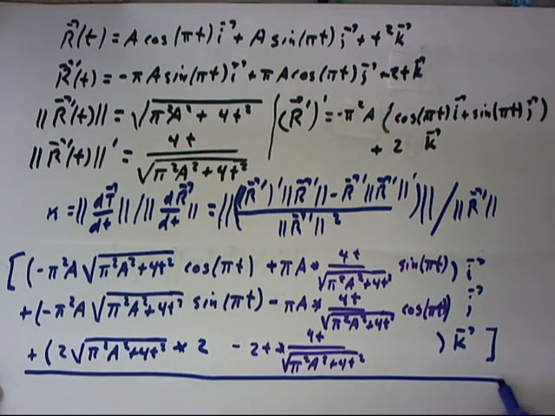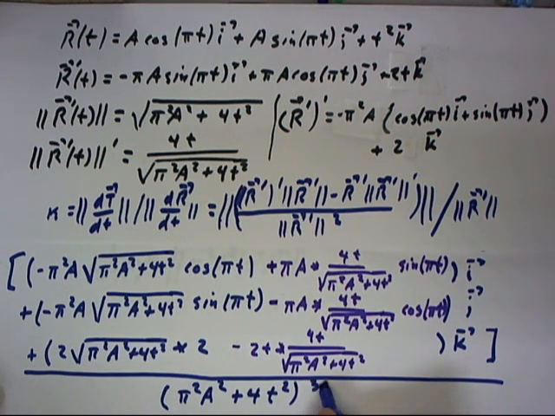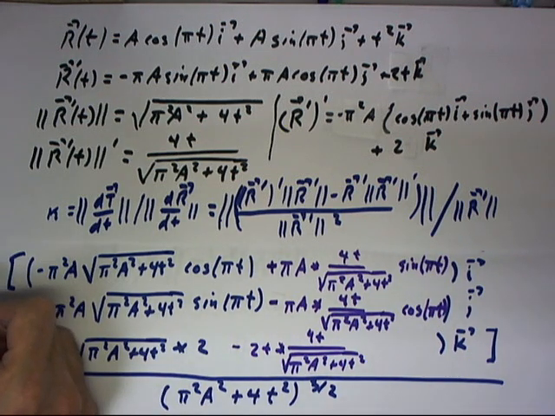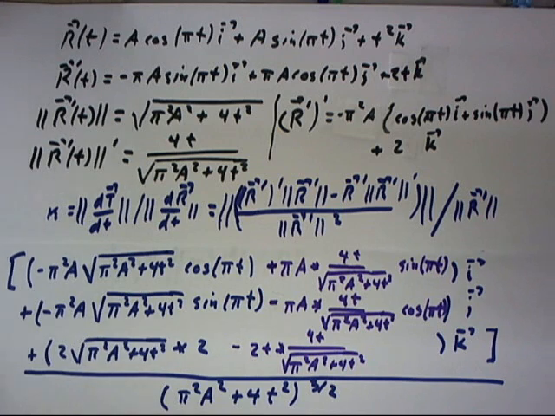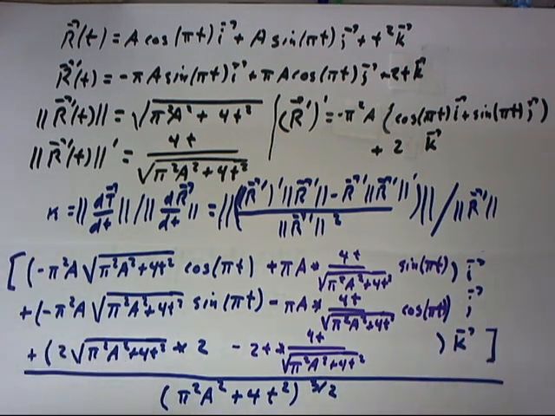So let's just go ahead and put a big old denominator here. And let's then put pi squared a squared plus 4t squared to the 3/2 power. An equal sign here. And this expression, once we check it over, make sure, should be equal to the curvature.